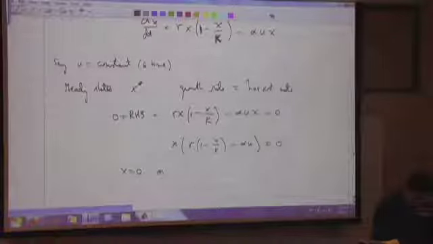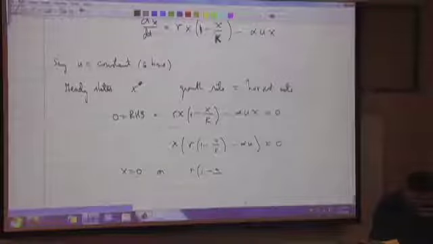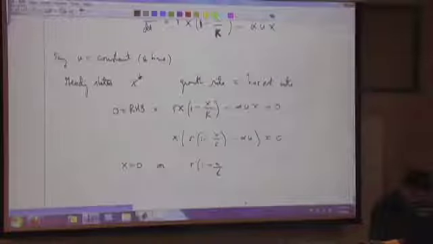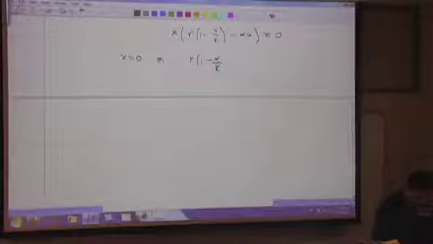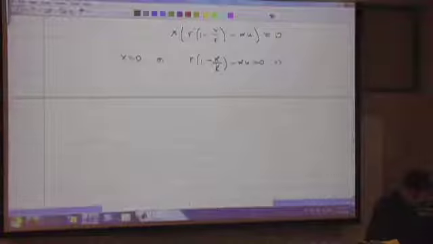Or this other one, which is r (1 minus x over K) minus alpha u equals 0, from which you can solve for x. What would it be? 1 minus x over K is alpha u over r.